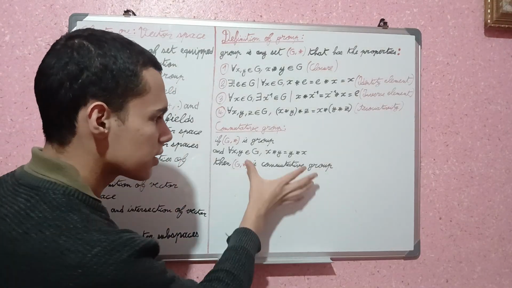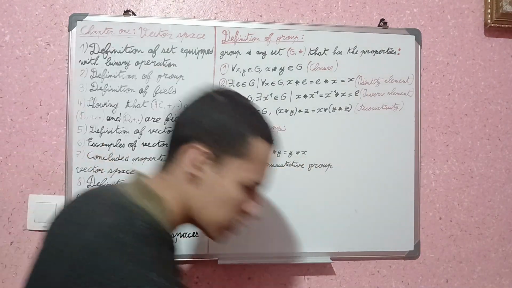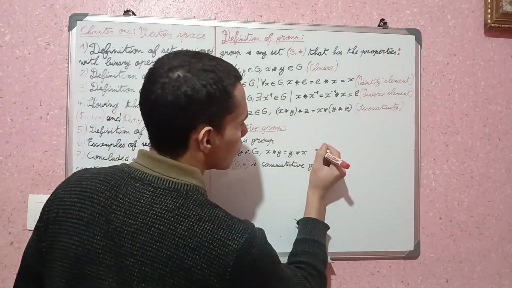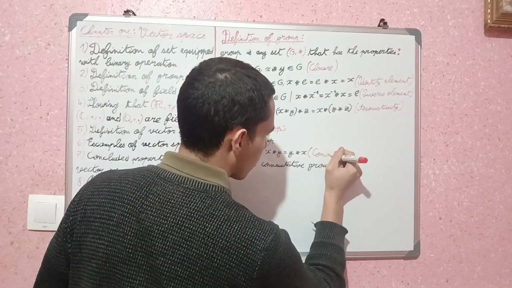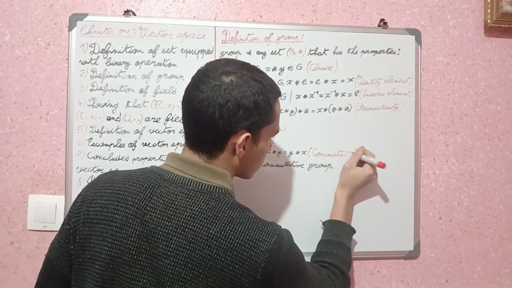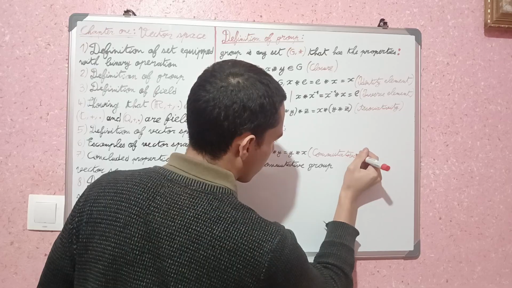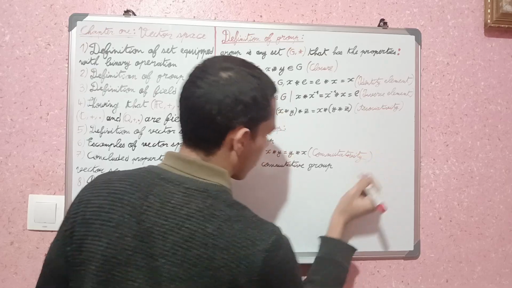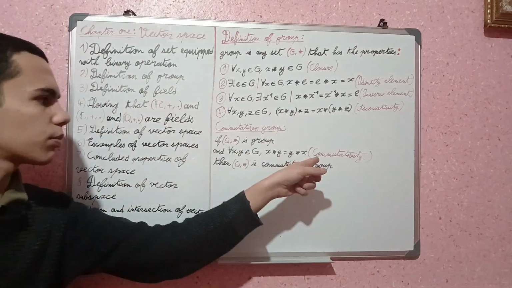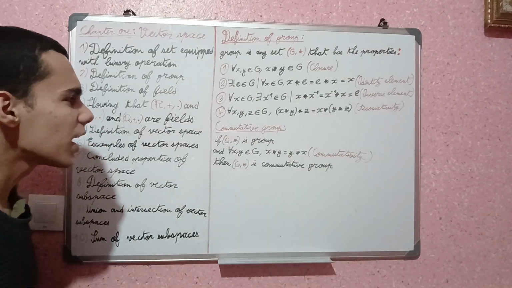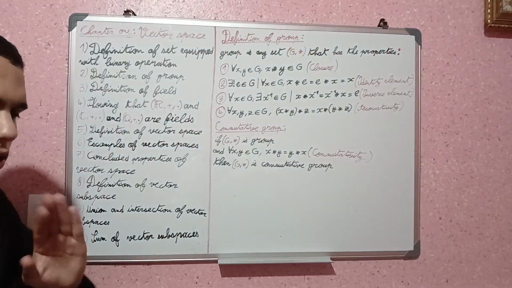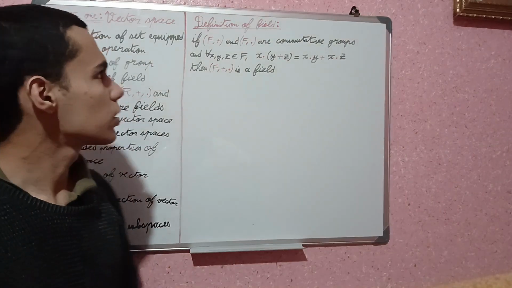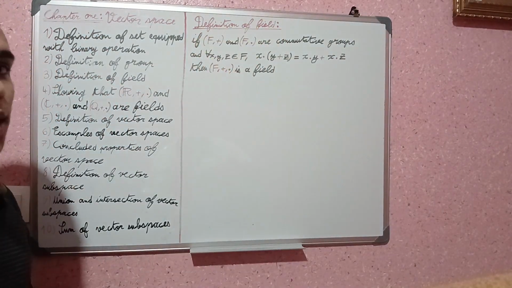If we have this property of commutativity, we call this group a commutative group. That's it.